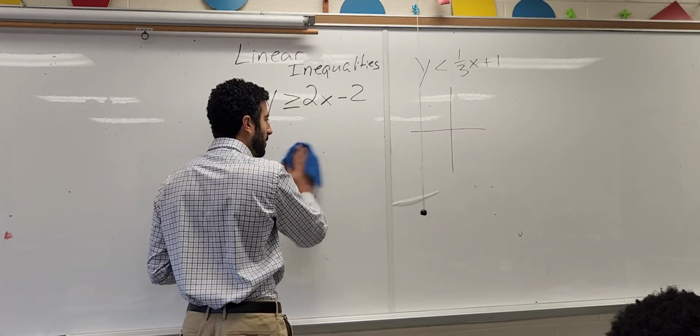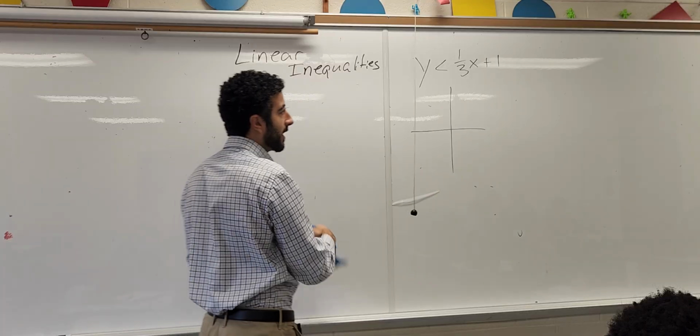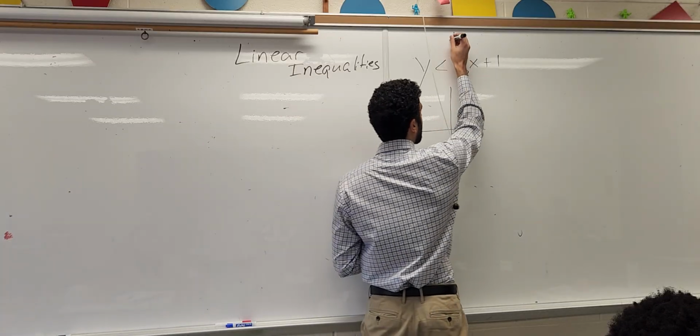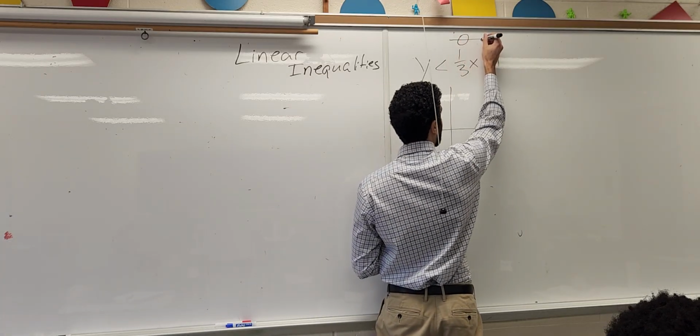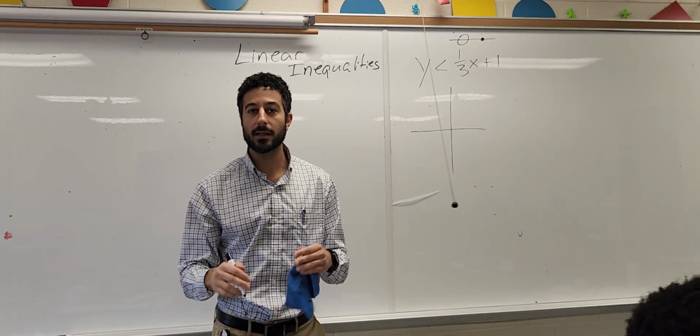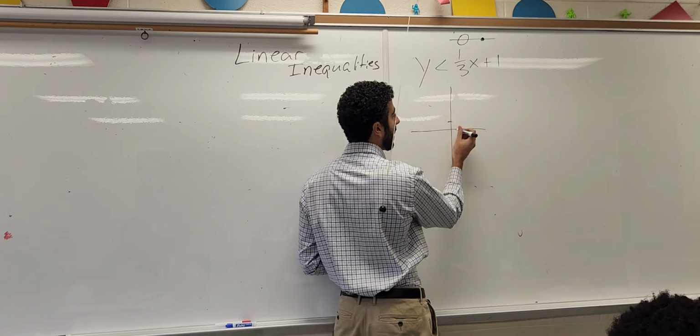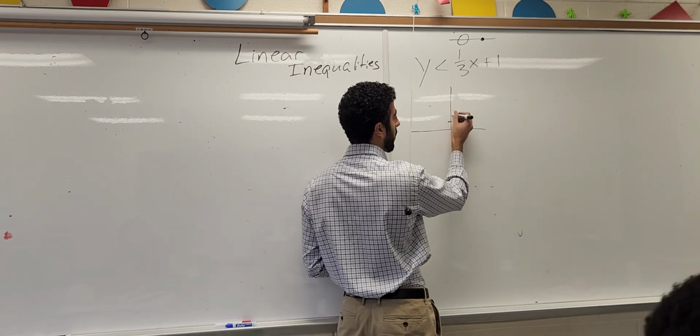But I want you to keep in mind one thing. Because it's less than and not less than or equal to, remember how on a number line there's a difference between an open circle and a closed circle? The equivalent here is the difference between a solid line and a dashed line. So plus 1 and then 1/3 x, so it's up 1 over 3.